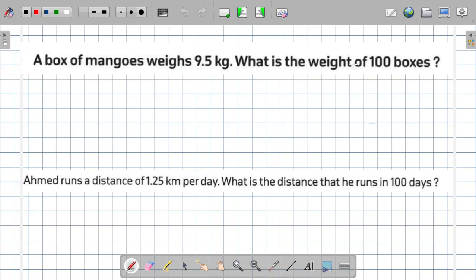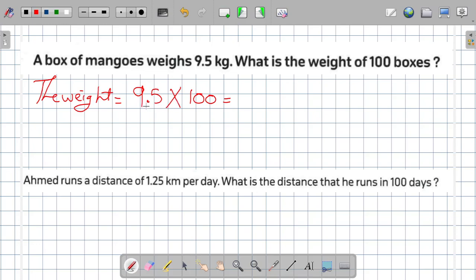So we need to repeat 9.5 100 times, or maybe we can multiply 9.5 by 100. So I think the weight will be like that. I have 9.5, the weight of one box, by 100 boxes.